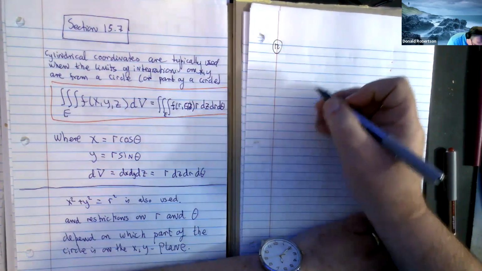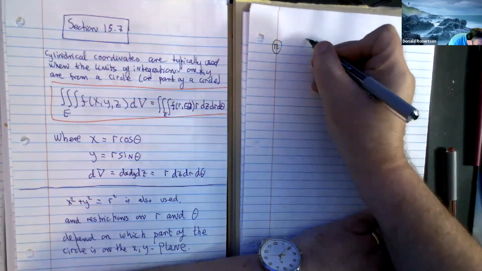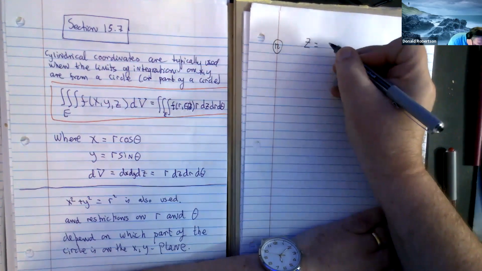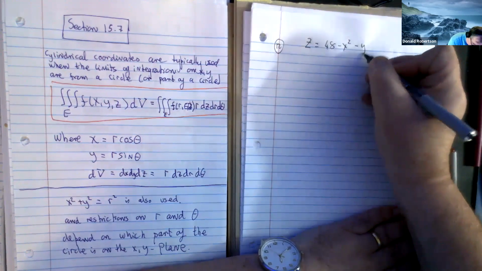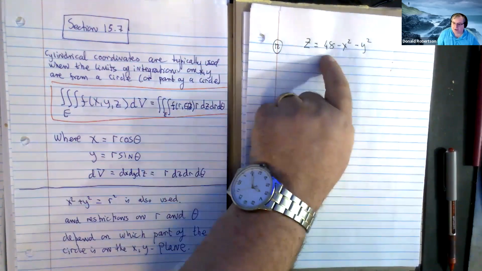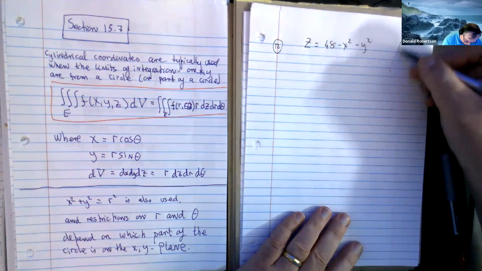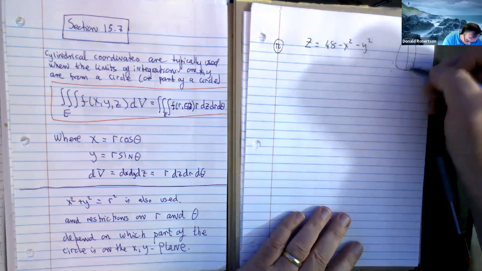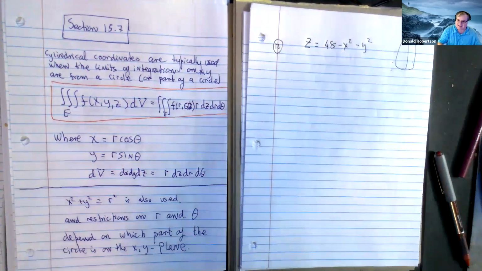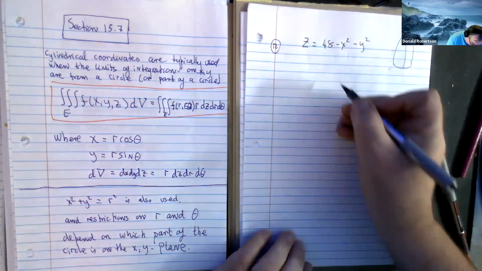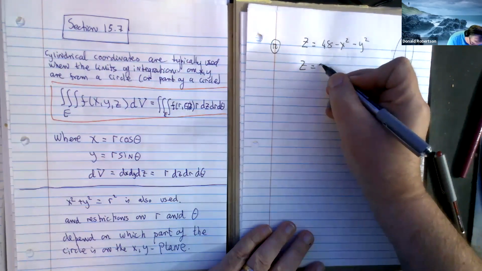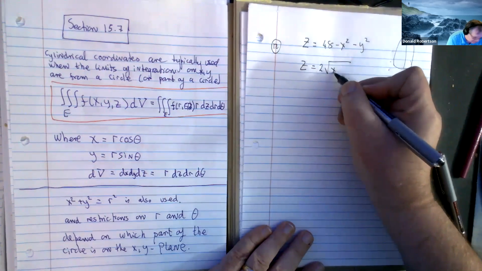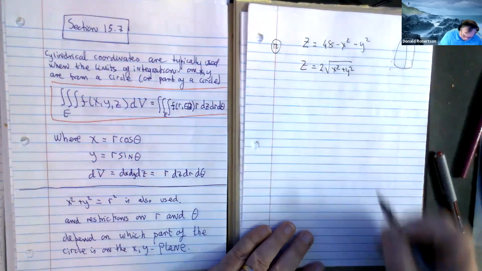Find the volume of the following shape. You've got a guy that looks like this, who evidently is called a paraboloid. So if you can imagine a shape that looks like that, right, there's the z-axis, it's a big hat. And it meets up with a cone with the equation 2 lots of x squared plus y squared.